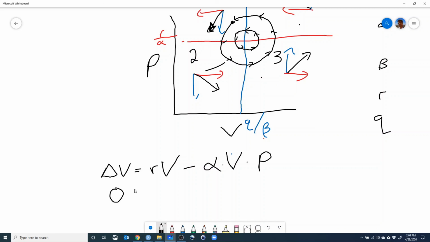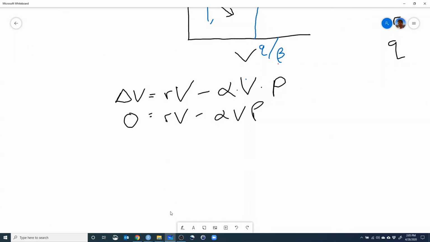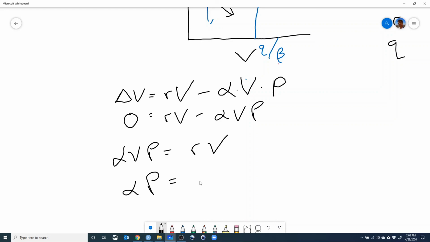So then we say 0 equals RV minus alpha VP, and we can then say alpha VP equals RV. We can take out the V. Alpha P is equal to R. And then we say P is equal to R over alpha. That's the condition where there's 0 growth in the victim population. So we set that growth to 0, and that defines the isocline.